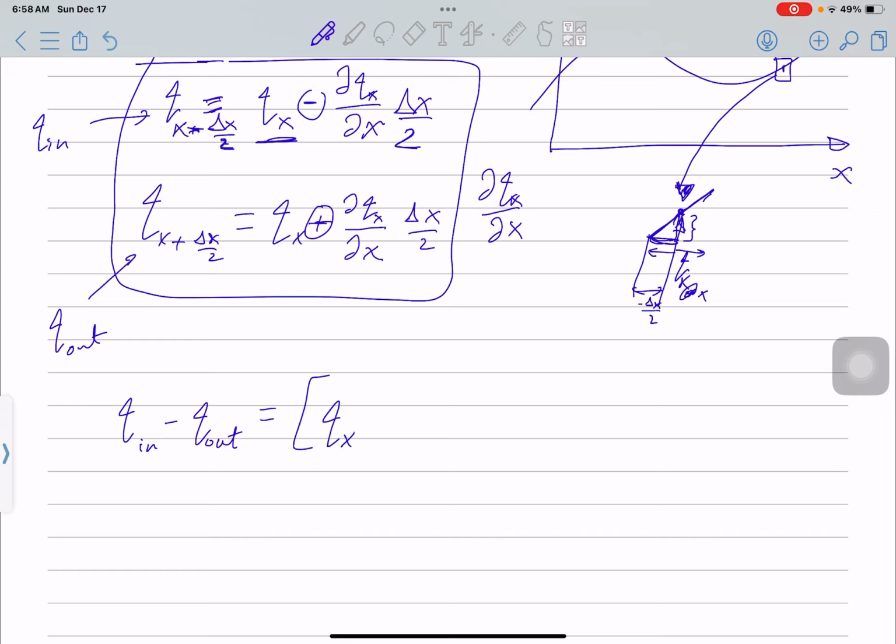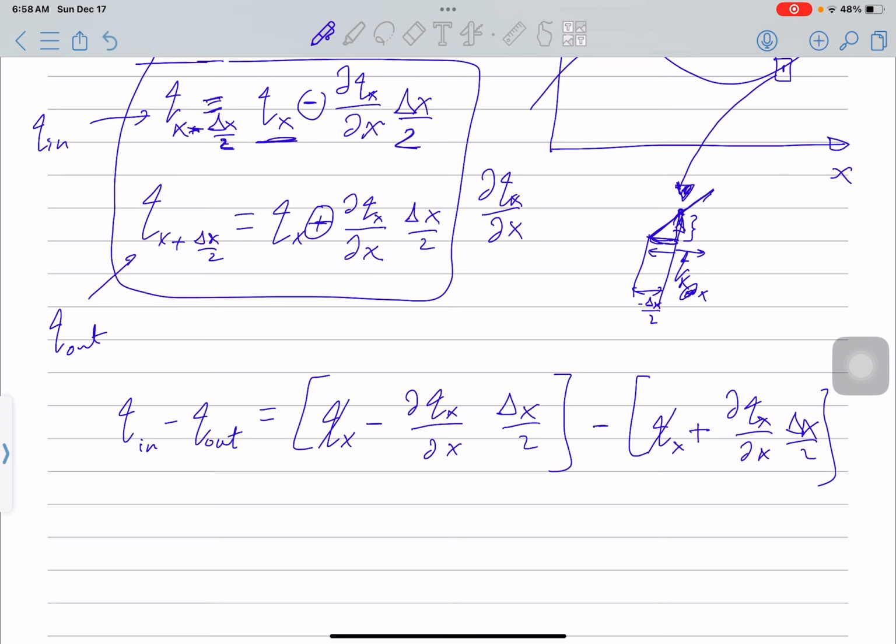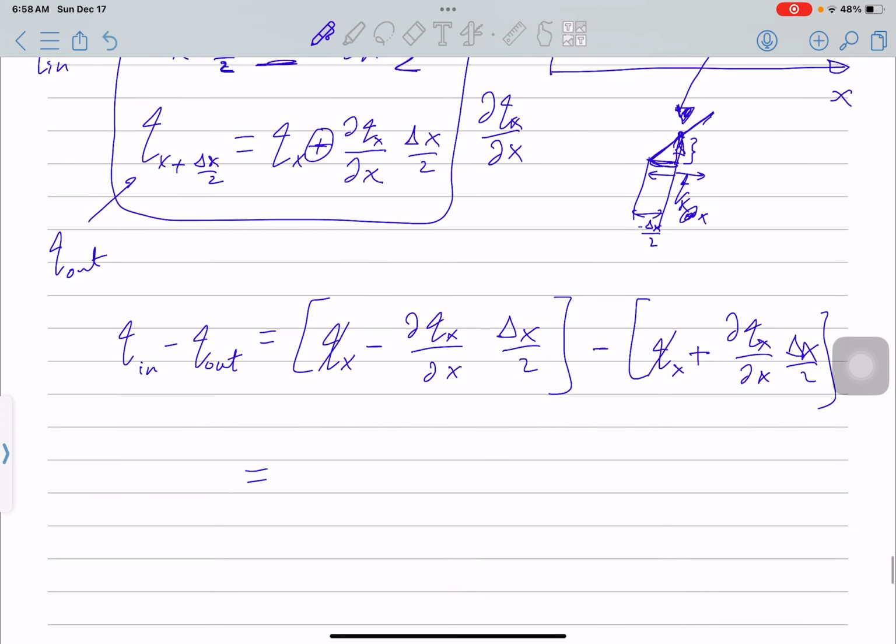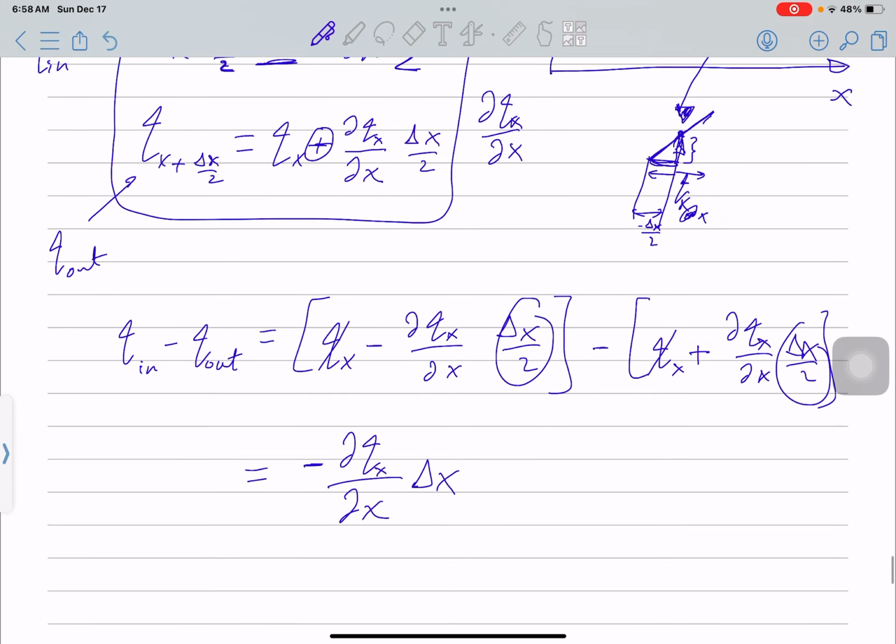We will get qx minus partial qx by partial x delta x over 2 minus qx plus partial qx by partial x delta x over 2. Qx will cancel out with qx, and we will be left with negative partial qx by partial x delta x, because we have delta x over 2 and delta x over 2.